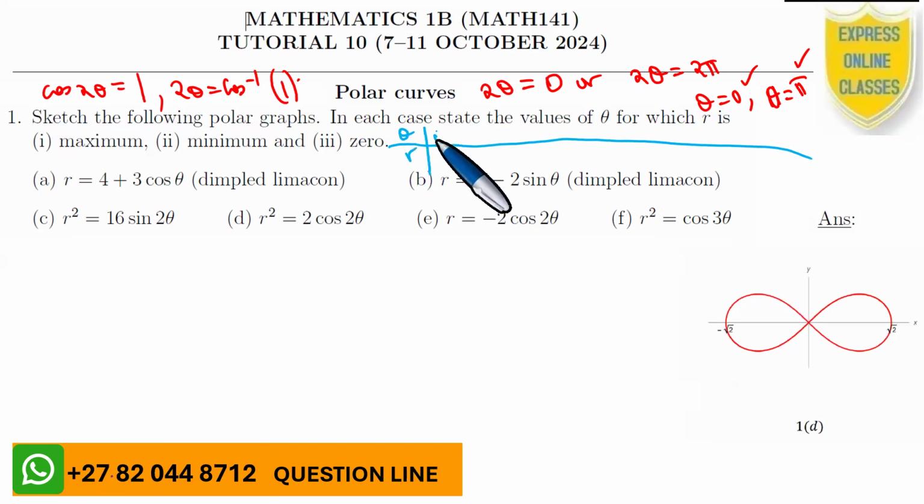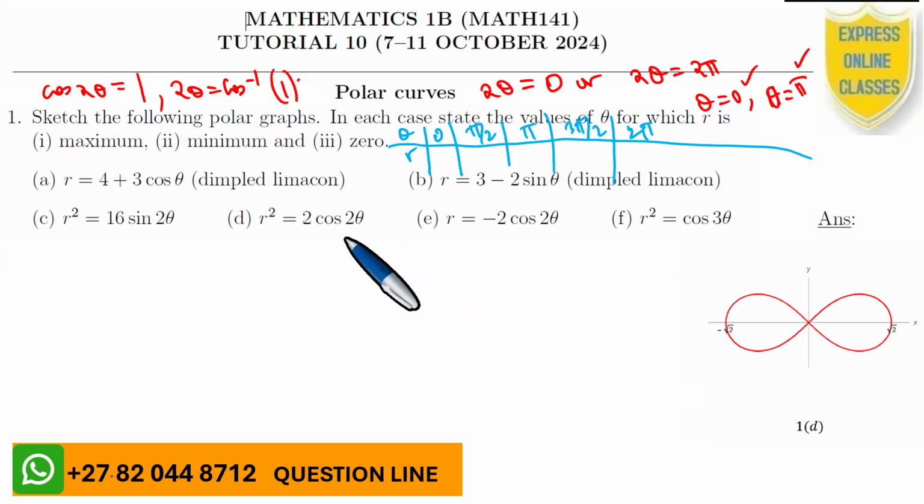Theta in radians: 0, pi over 2, pi, 3 pi over 2, 2 pi.